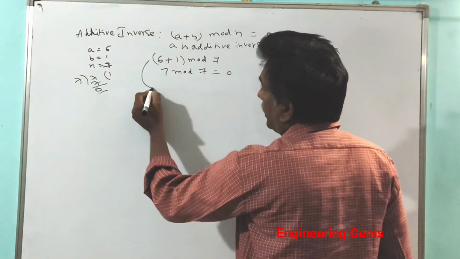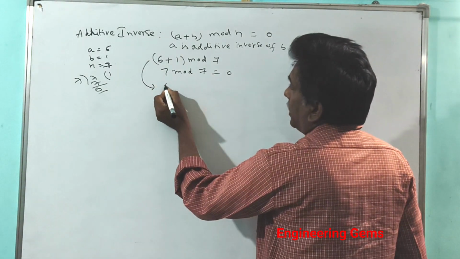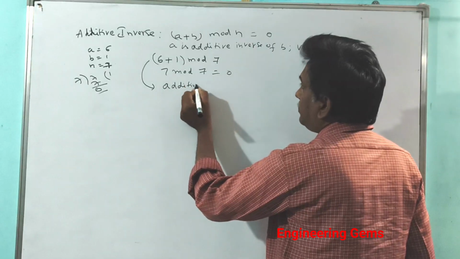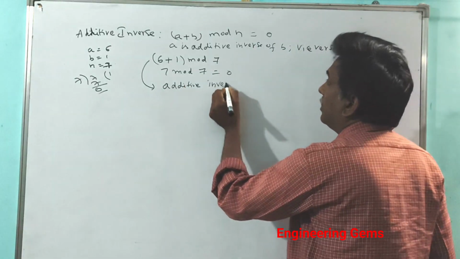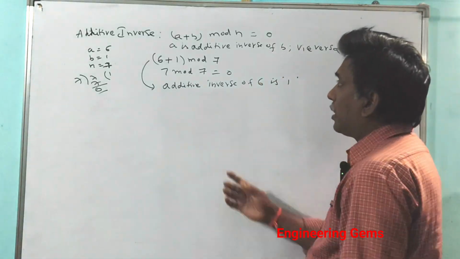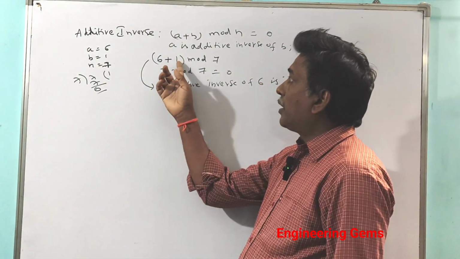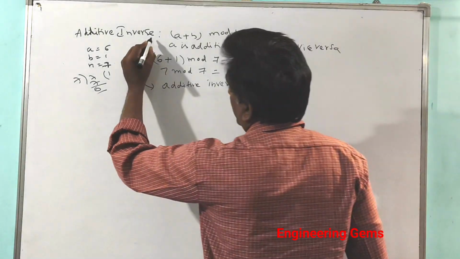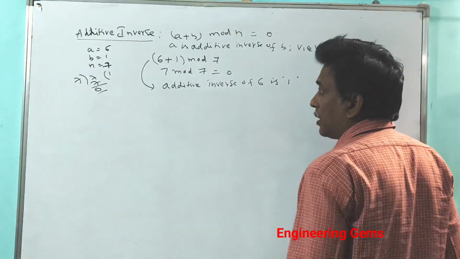So we write: additive inverse of 6 is 1, or additive inverse of 1 is 6. This is what we call the additive inverse.